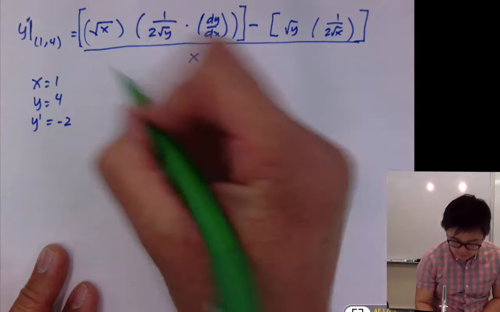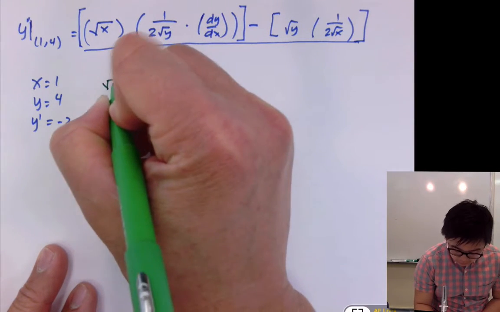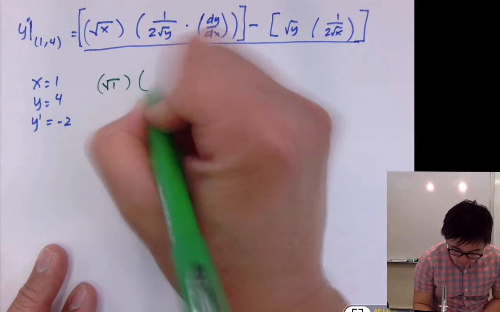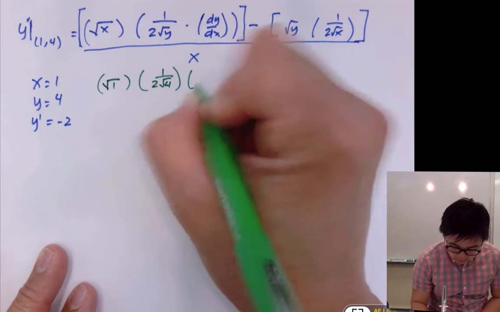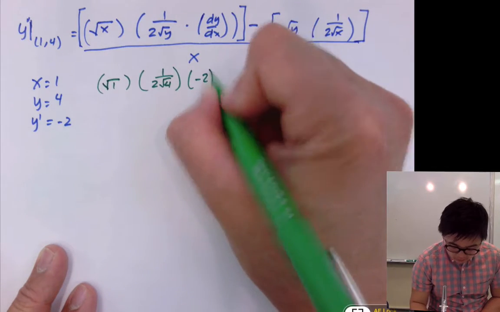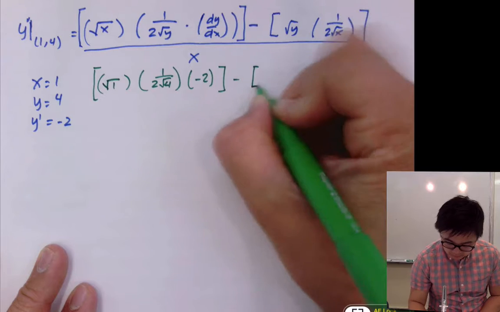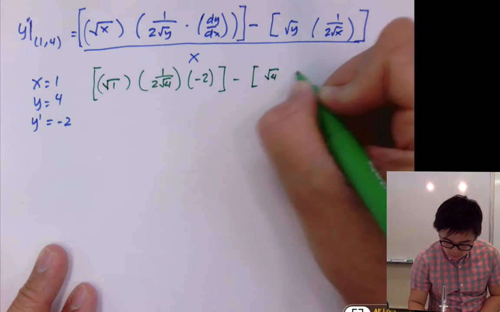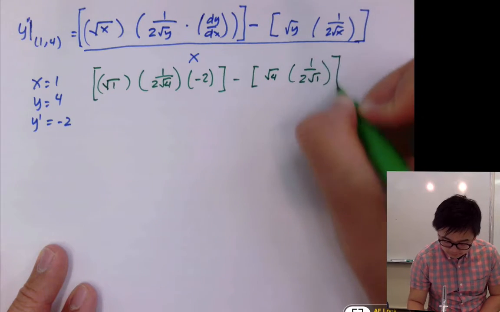So now we're going to have square root of x, which is 1, multiplied by 1 over 2 square root of 4, multiplied by the derivative, which is -2, minus square root of 4 multiplied by 1 over 2 square root of 1.